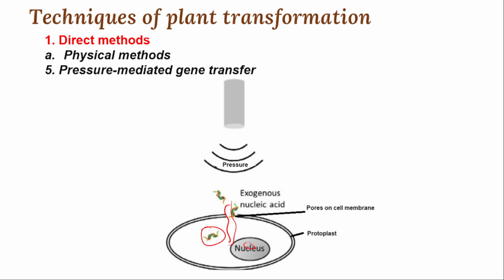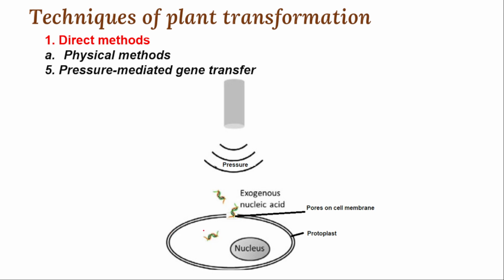You can ask me, sir, whenever exogenous nucleic acid enters the cell, in the cytoplasm there are nucleases, right? Nucleases, DNases, RNases are there that will degrade the naked DNA, right? So what happens, we will make it with some associated proteins here.